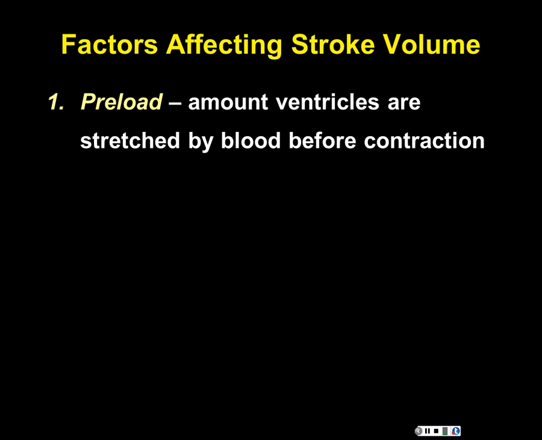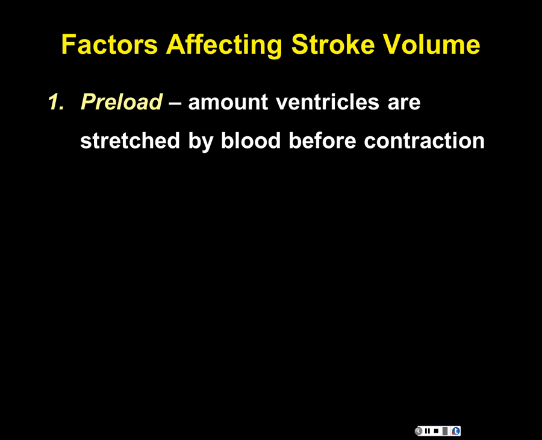The first is something called preload. Preload is a term to describe how much the ventricles stretch when the end-diastolic volume of blood enters the chamber.